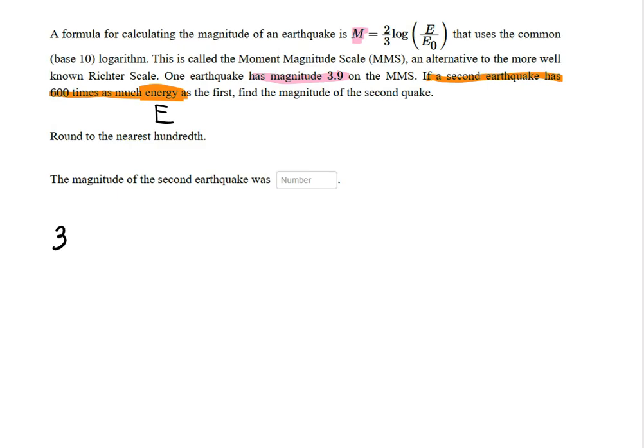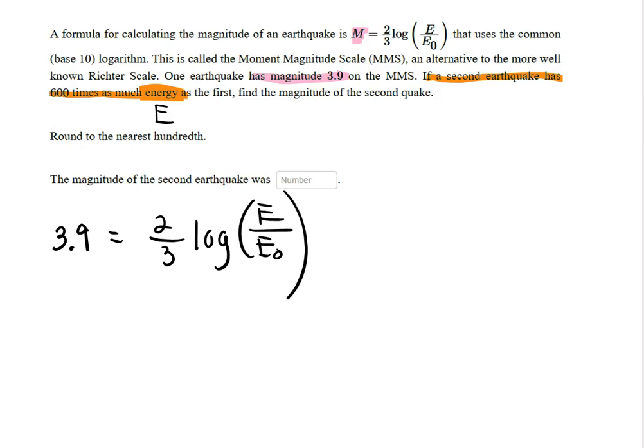So I'm going to have 3.9 equals 2/3 log of E over the initial amount. You have to solve this for E. So first thing first, I'm going to get rid of that 2/3 by multiplying both sides by 3/2, because the 3's cross cancel, the 2's cross cancel.